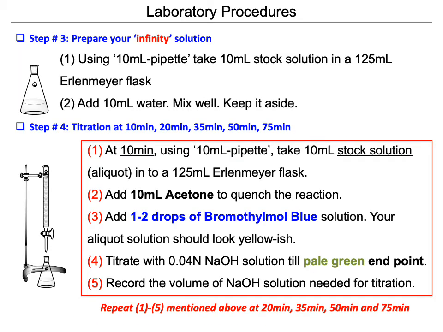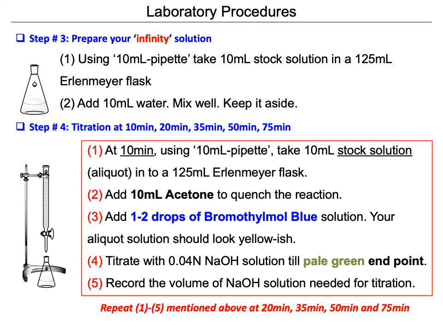So at this step, to prepare your infinity solution, take a 10 milliliter pipette and take 10 milliliters from the stock solution into a 125 milliliter Erlenmeyer flask, and add 10 milliliters of water and mix well in that Erlenmeyer flask. The next step is titration at 10 minutes, 20 minutes, 35 minutes, 50 minutes and 75 minutes. At 10 minutes, using the 10 milliliter pipette, take 10 milliliters of stock solution into a 125 milliliter Erlenmeyer flask, and then add 10 milliliters of acetone.